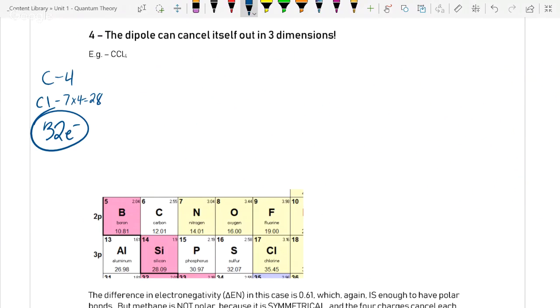How do we draw it? We put carbon in the middle, and of course around it we put chlorine, right? Okay, what do I do next? We'll talk. You can't yet because you don't know what shape it is yet.